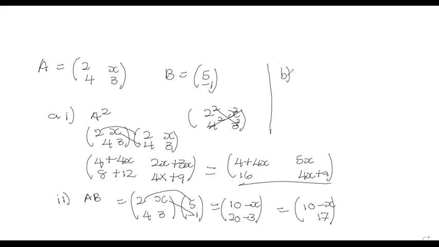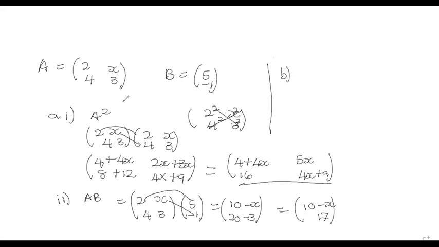Where it says, given that A is a singular matrix, find the value of x. But what do we know about a singular matrix? A singular matrix, we know that its determinant is equal to 0. So how do you find the determinant?